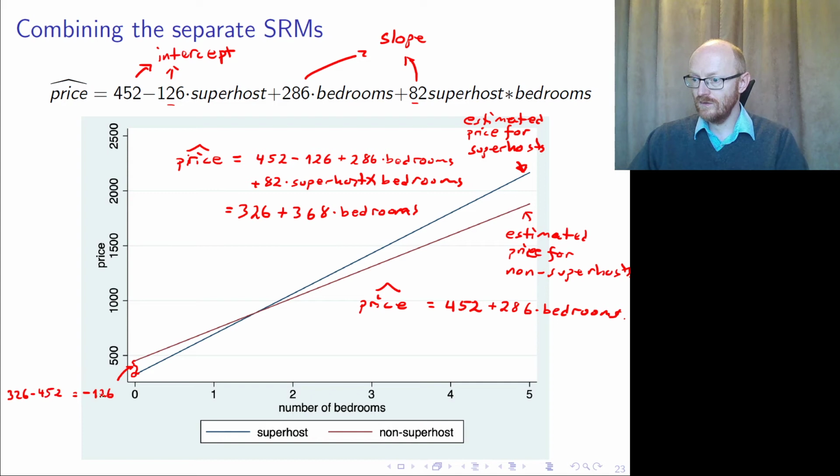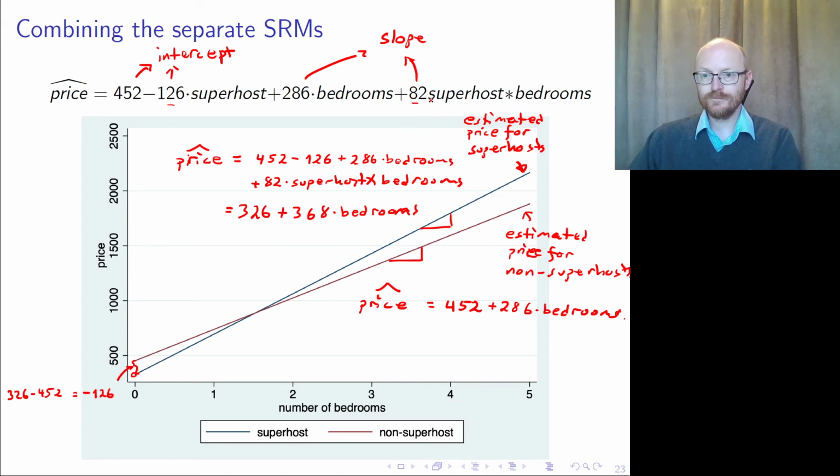Okay, so the change in intercept is the coefficient on the superhost dummy variable. And the change in slope between these two regression lines is the coefficient on the superhost times bedroom interaction term.